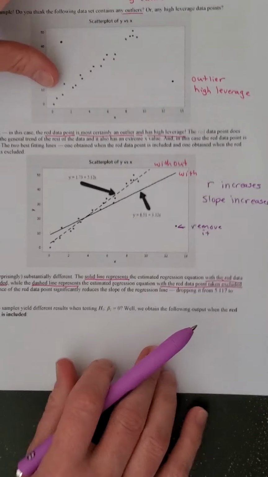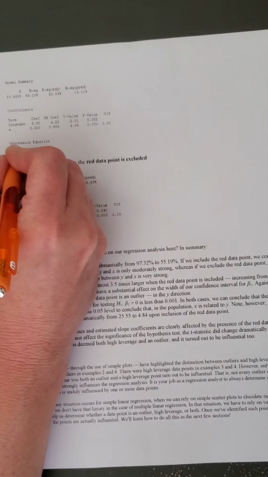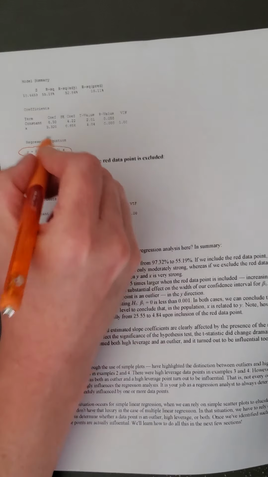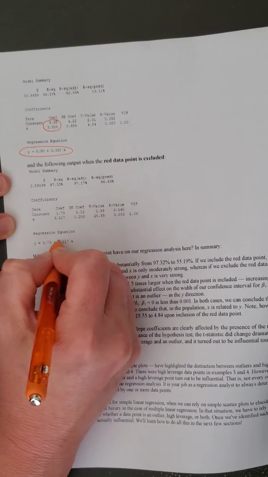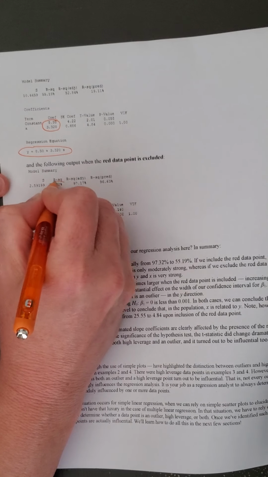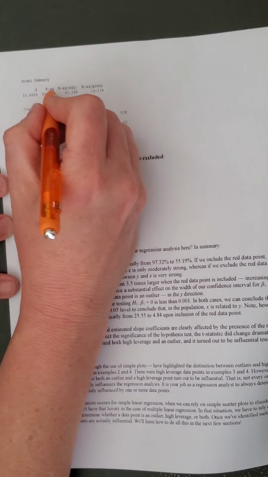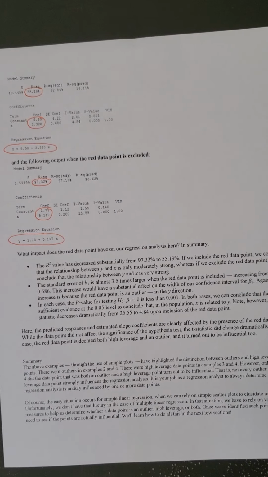Then we'll go ahead and look at the regression analysis again. I'm not going to go too deeply into it this time, but you can see where our regression equation matches these values and where our regression equation matches these values. You can see your R squared is very high here, and not very high here. And we'll look at R as well.